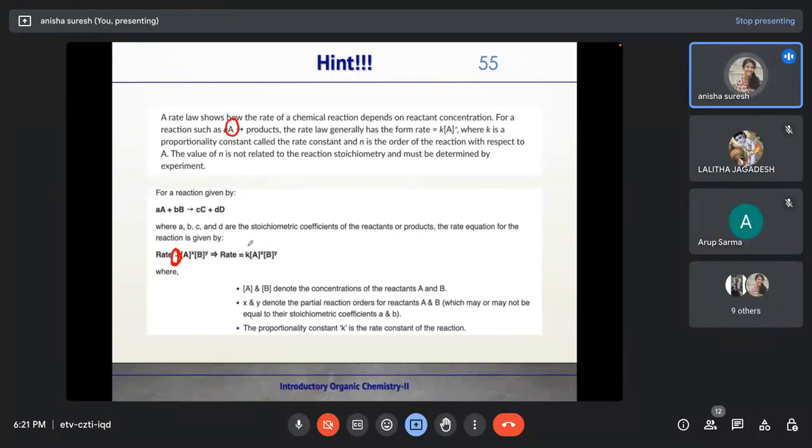So we can introduce a proportionality constant K and write rate equals K into concentration of A to the power x and B to the power y. In our case we have seen the mechanism, and from that we are introducing these coefficients. A and B denote the concentration of reactants A and B. x and y denote the partial reaction orders for A and B, which may or may not be equal to the stoichiometric coefficients. The proportionality constant K is the rate constant of the reaction. So this is how we will be finding the rate of a reaction.